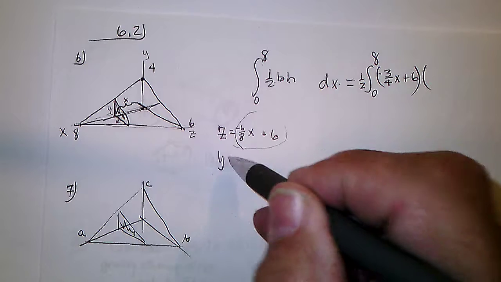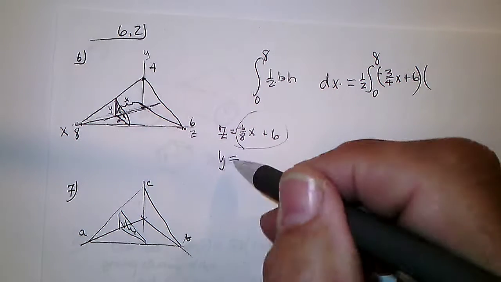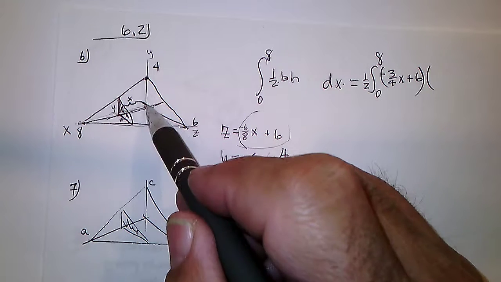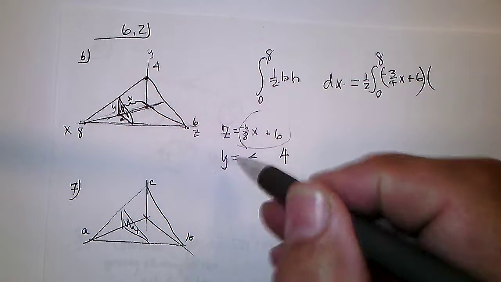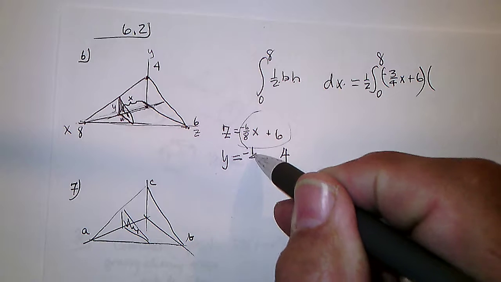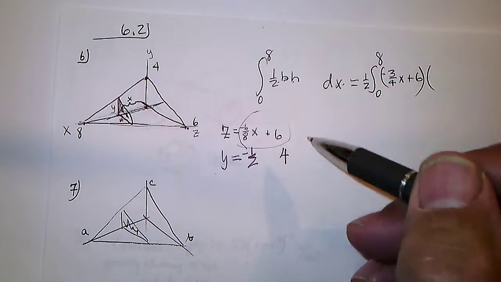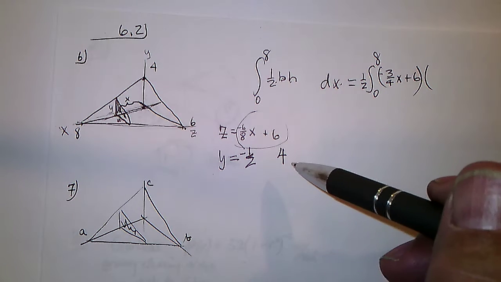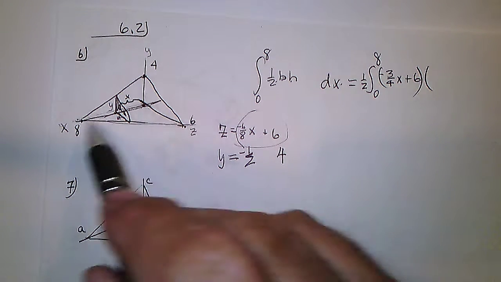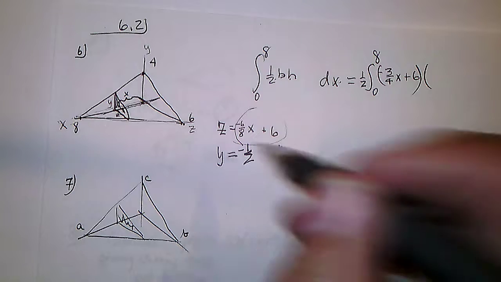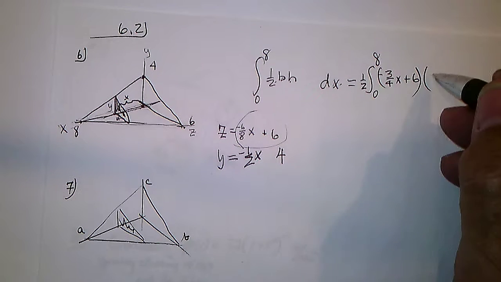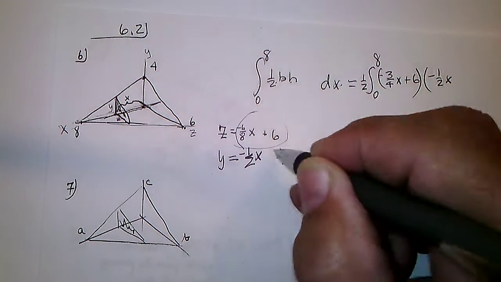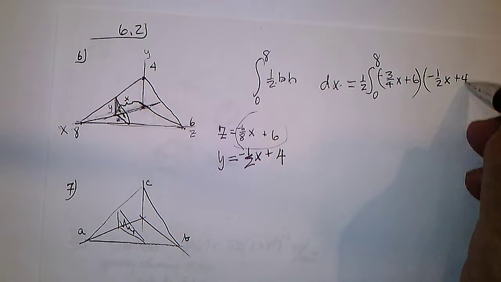Well, y has a y-intercept of 4. It has a slope of down 4 over 8, so that's a minus 1/2, down 4, out 8, because it's going in the positive x direction. So we have minus 1/2 x plus 4.